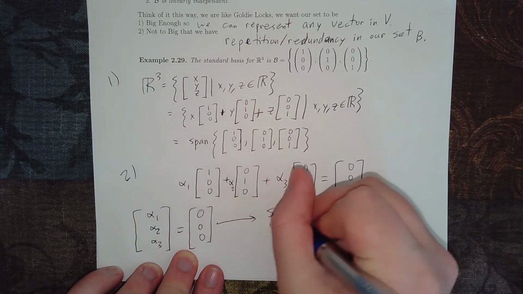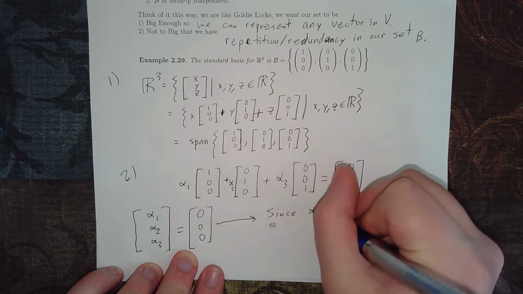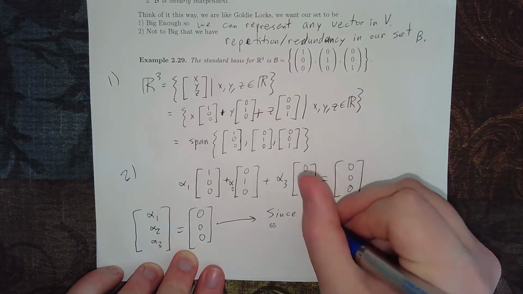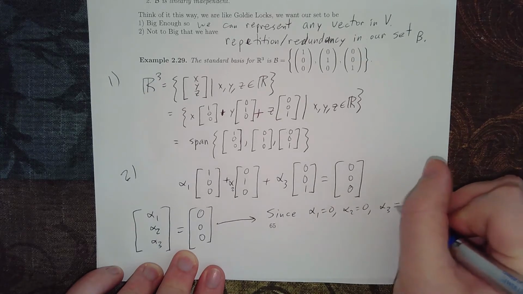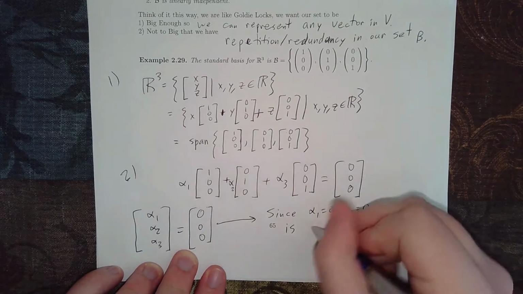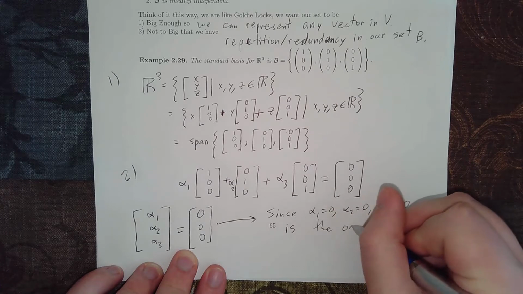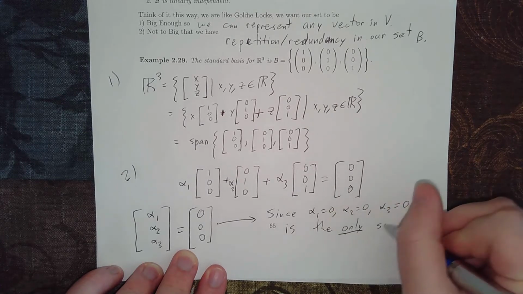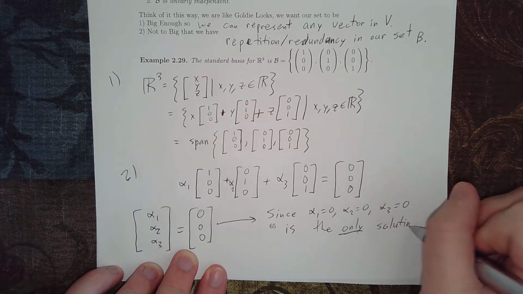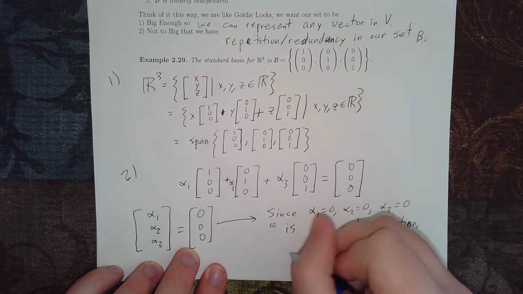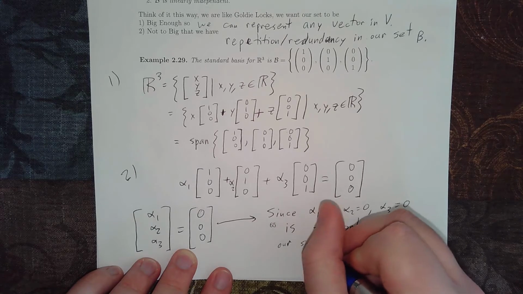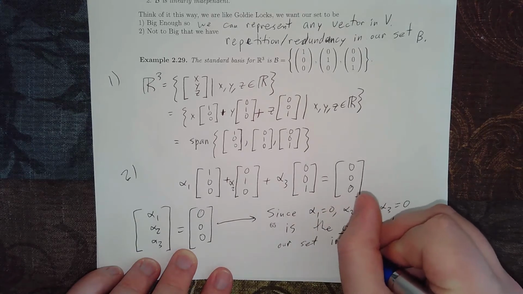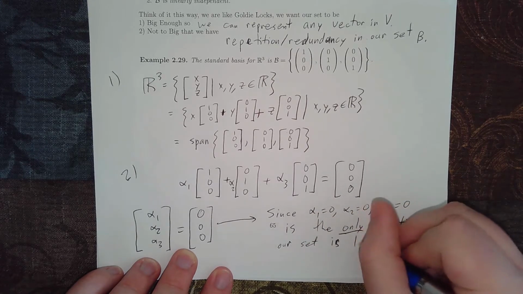So since alpha 1 equals 0, alpha 2 equals 0, and alpha 3 equals 0 is the only solution to this linear dependence relation, our set is linearly independent.